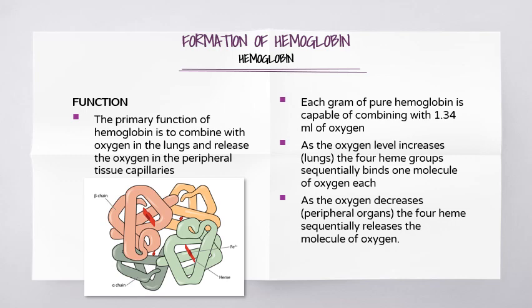Diba? You have four heme molecules which can bind one oxygen each. Okay, in an environment that has high oxygen pressure or levels, such as the lungs.